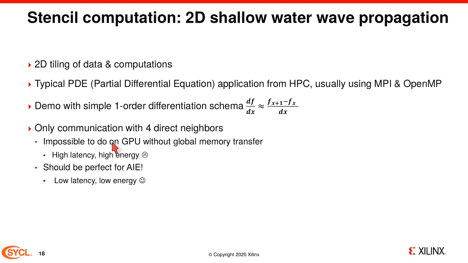And that's something, if you think about it, which is not possible to do on GPU without going through the global memory, because the architecture and the programming model is organized like that. That means that you have some high latency and you use a lot of energy for this. But for our AI engine, CGRA, it should be perfect because we have in the hardware a way to address the memory of our neighbor, so it should provide low latency and low energy.